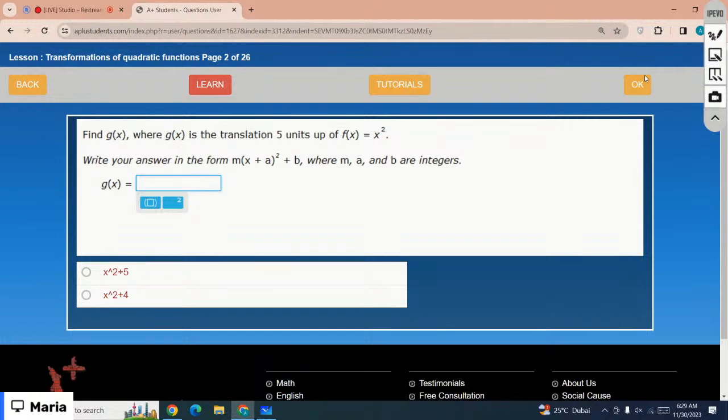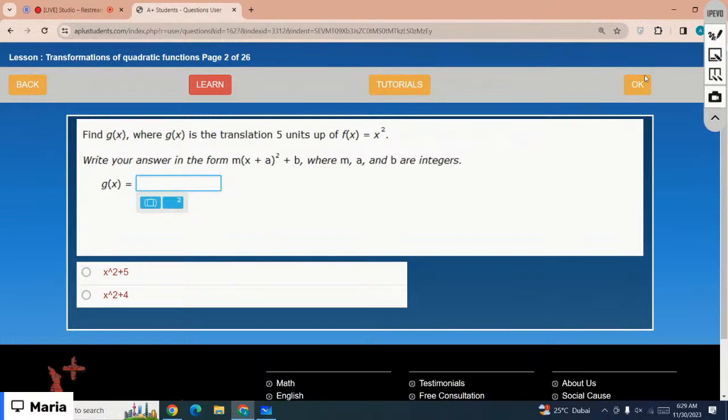Find g of x, where g of x is the translation 5 units up of f of x equals x square. So which is the correct option? The function is translated 5 units up.